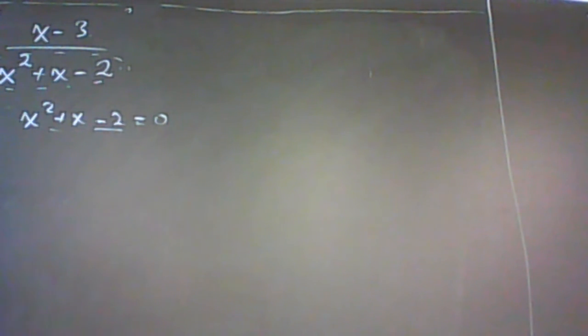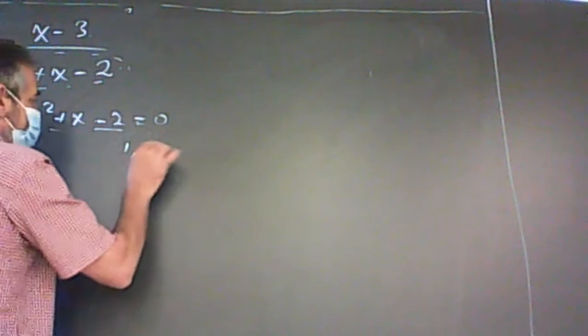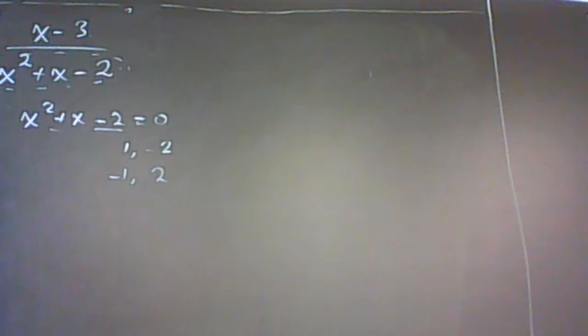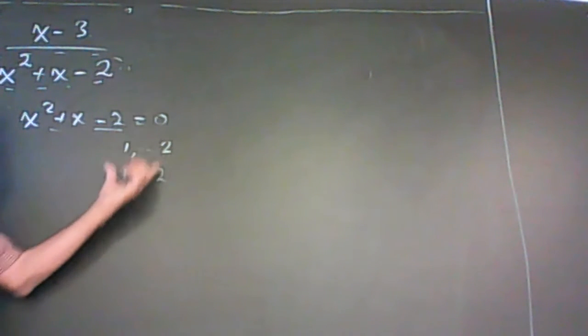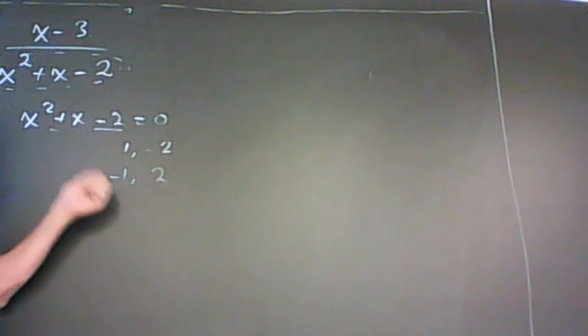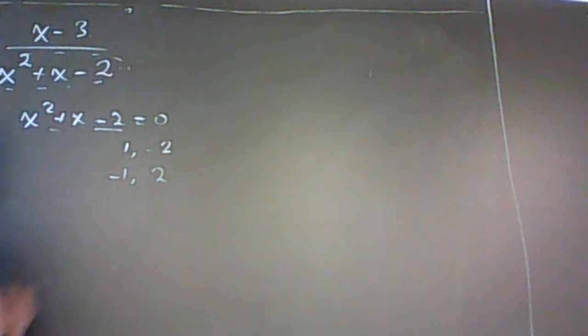The only two options are 1 and negative 2, or negative 1 and 2. Anything else? Now, which one of these, when you add them, you get 1? Top one or the bottom? The bottom, yes? So now we know what the numbers are: negative 1 and 2.